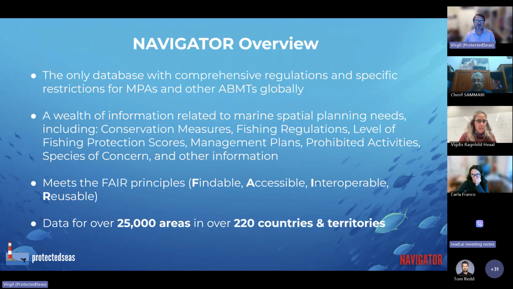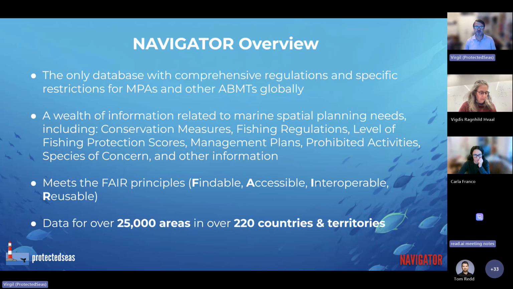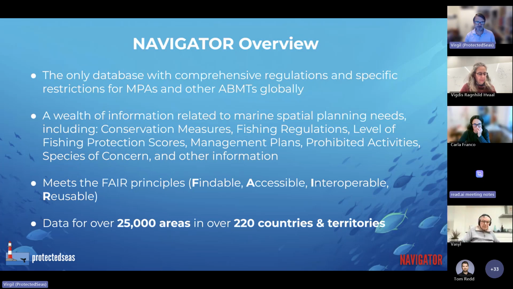To get a little more detail, we're really the only global database with a comprehensive regulatory focus. So we're looking to document and include the specific regulations, rules and restrictions, not only for marine protected areas, but other area-based management tools globally. The types of things you'll find in Navigator include conservation measures for area-based conservation, fishing regulations, particularly area-based fishing regulations or fisheries management areas.